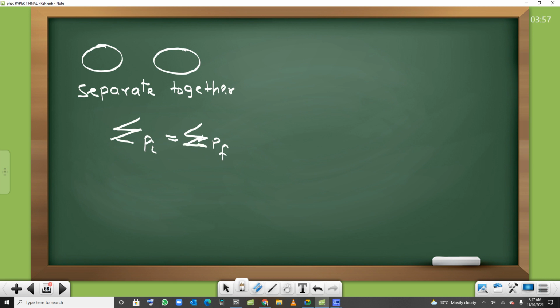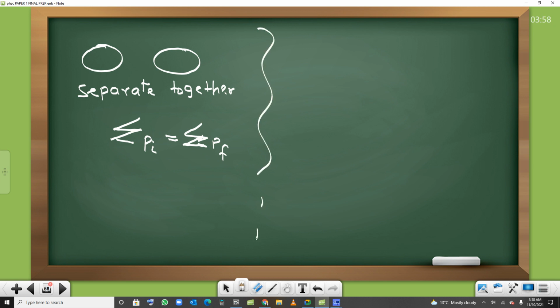If the objects are separate, you know what to do: m1 vi1 plus m2 vi2. So check if the objects are separate. If they are together, it means they have the same velocity.